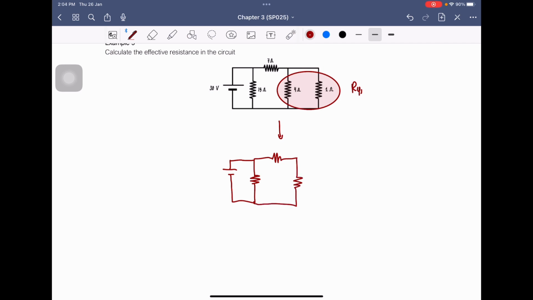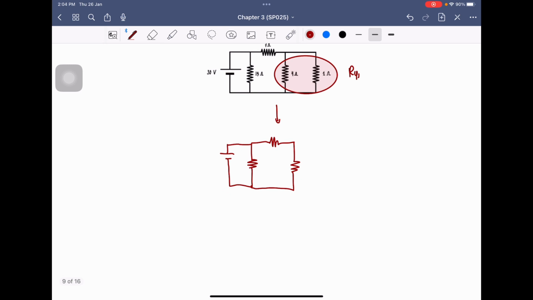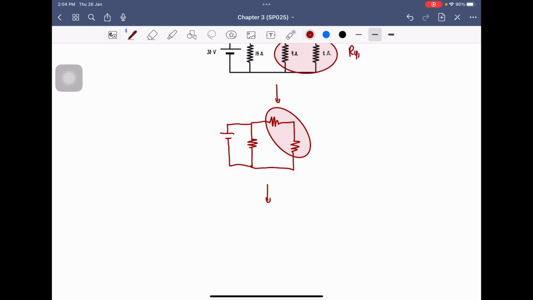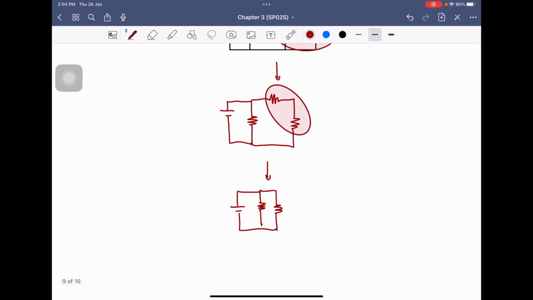Okay. After that I will solve it this way, and the diagram will be looking like this. Okay, like that. Last, we can determine the effective resistance.